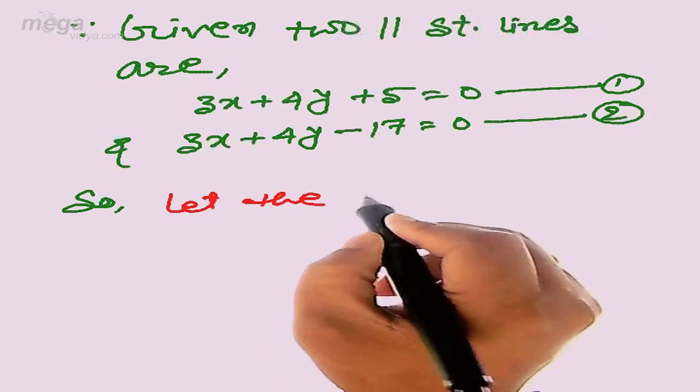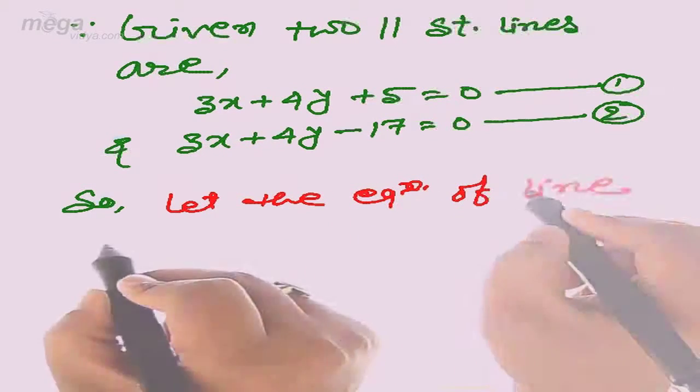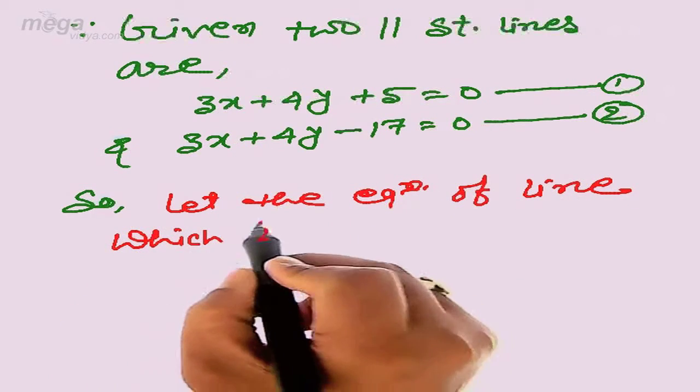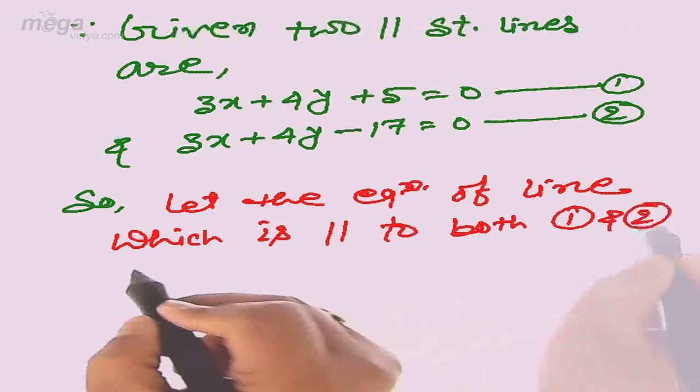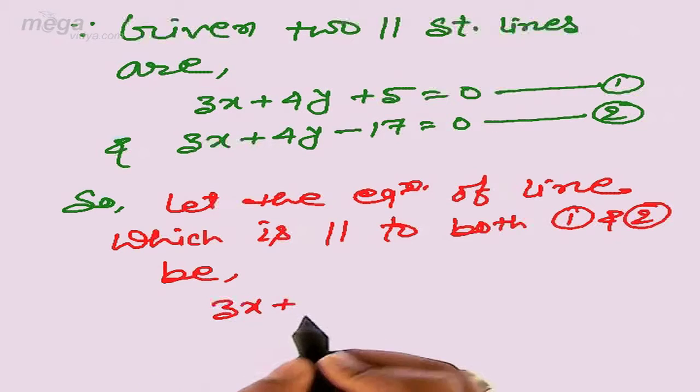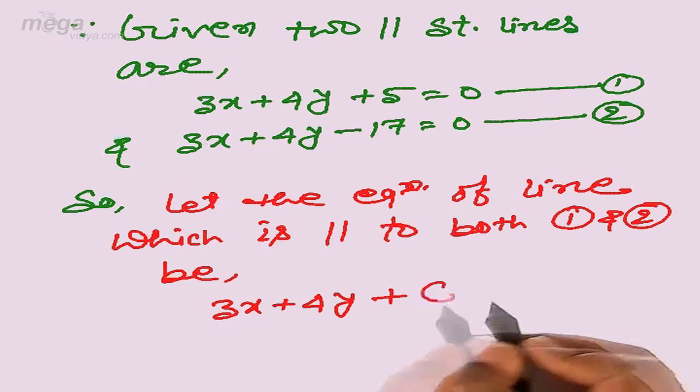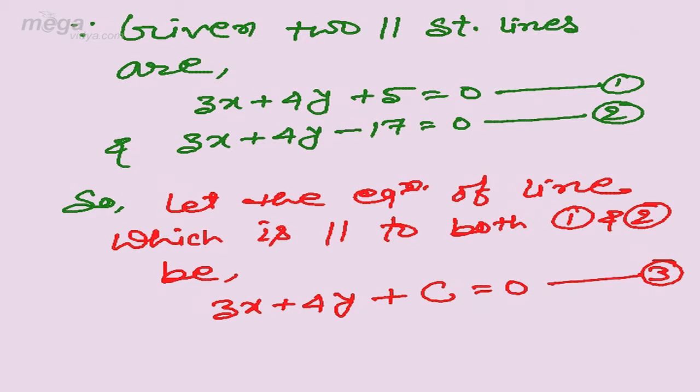Let the equation of the line which is parallel to both be 3x plus 4y plus c equal to 0. Now this third line is equidistant from both 1 and 2.